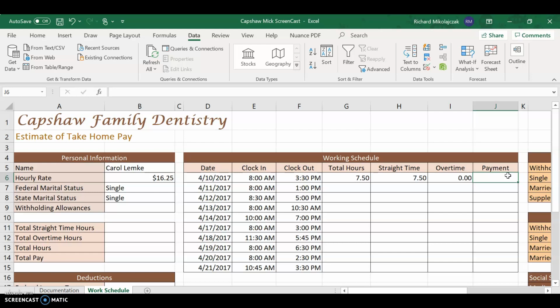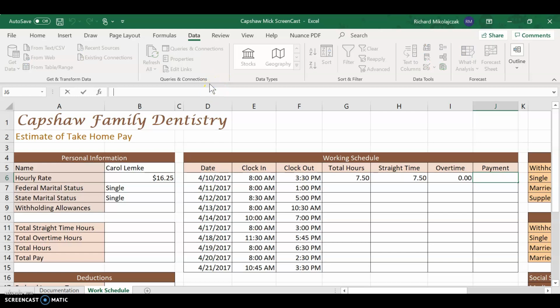For the payments, we're going to have to break this into two. We're going to have our total hours, which is our straight plus our overtime, because your overtime is time and a half. So we have to figure out a way to get that in there. So we make our own formula.